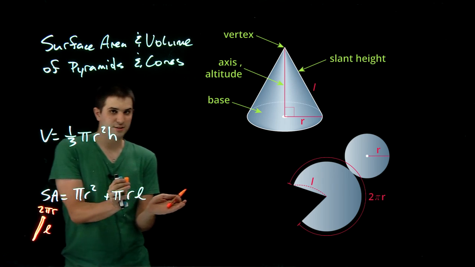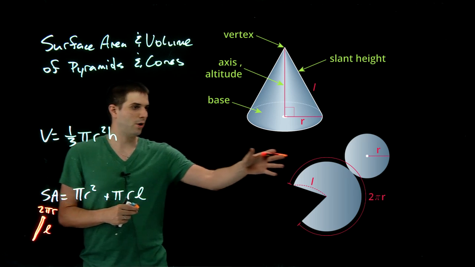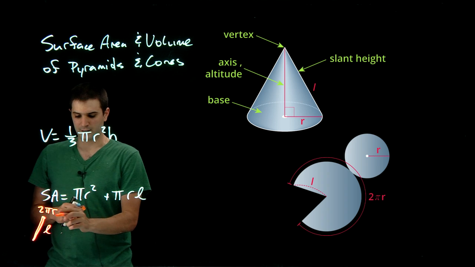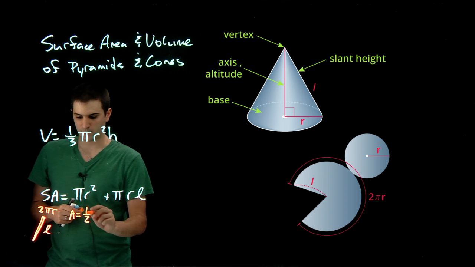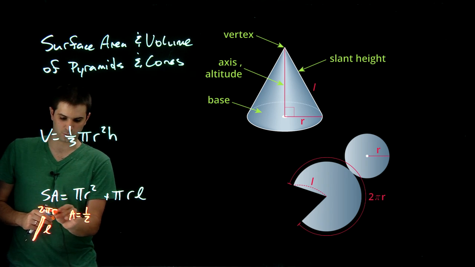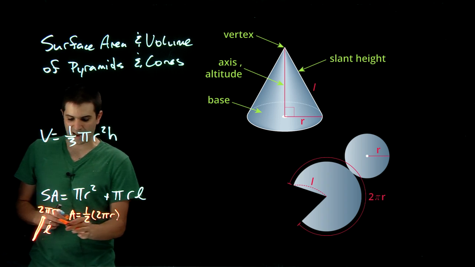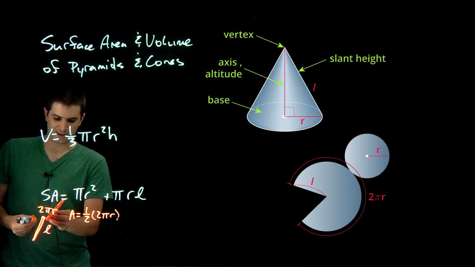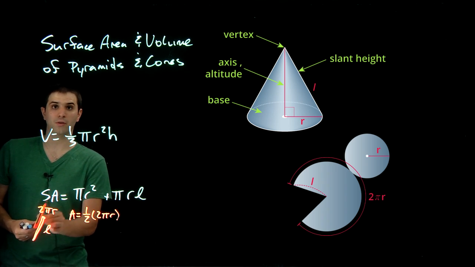Now, if we shrink this into a very, very small cone, this part of the cone looks very similar to a triangle. We know that the area of a triangle equals 1/2 base times height. Here we have 1/2 times the base, and the base would be 2 pi r. And the height? We have this leg here, that's L, but do we actually know the height?